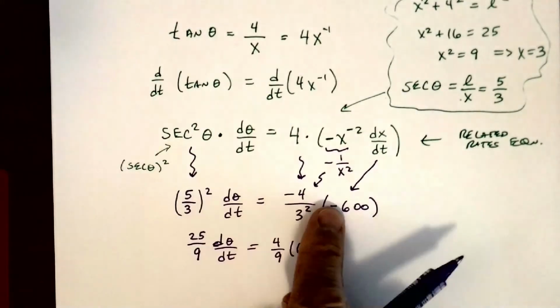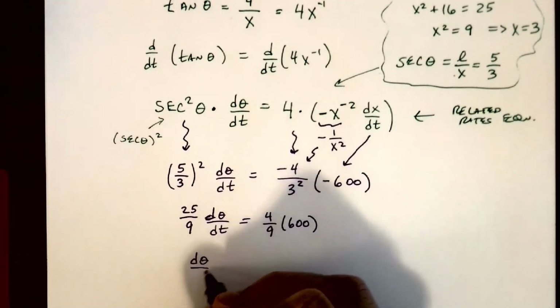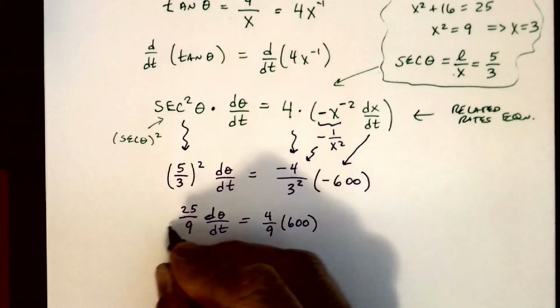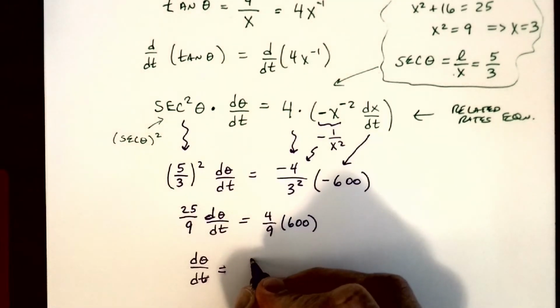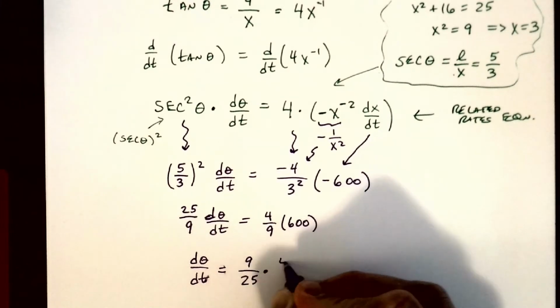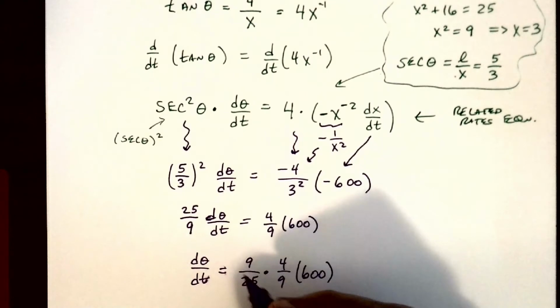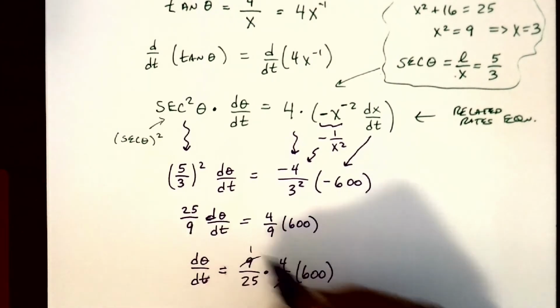How do I solve for d theta dt? Multiply by the reciprocal, which is 9/25 times 4 ninths. I see some 9's cancel there, right?